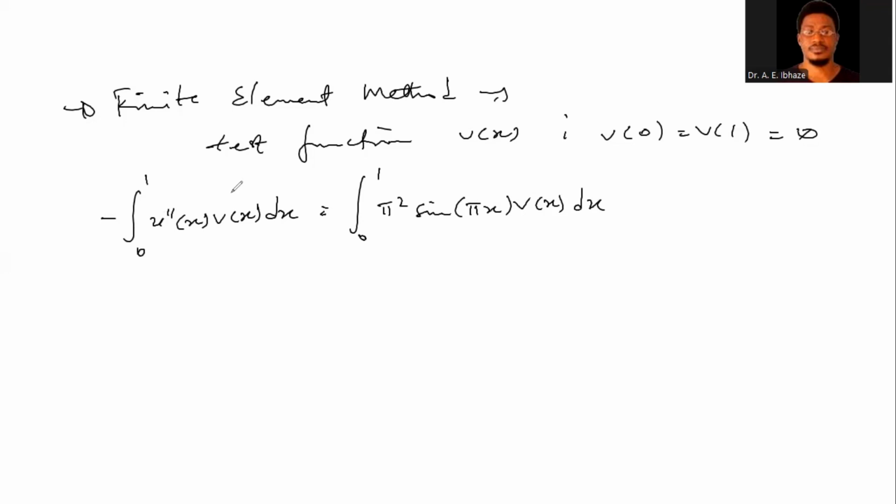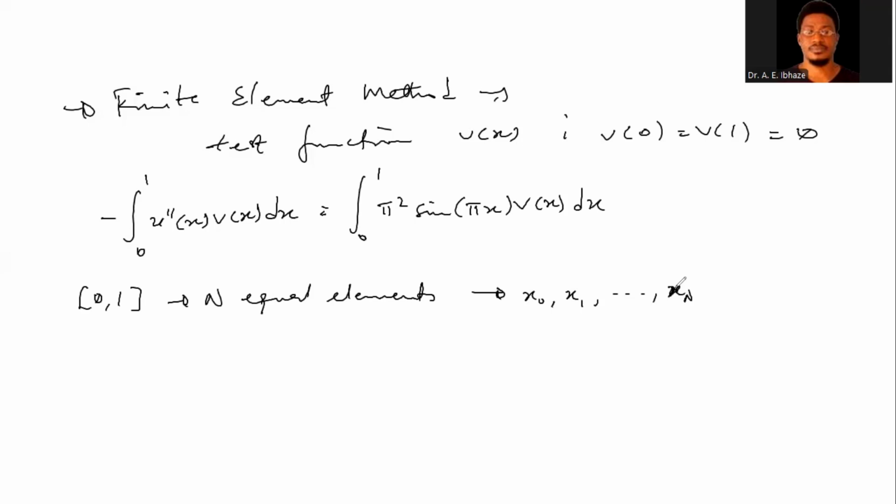Now, afterwards, the next thing to do is to choose a finite dimensional space. So if we partition the interval 0, 1 into n equal elements, for instance, so we're going to have nodes x0, x1, all the way to xn, right?